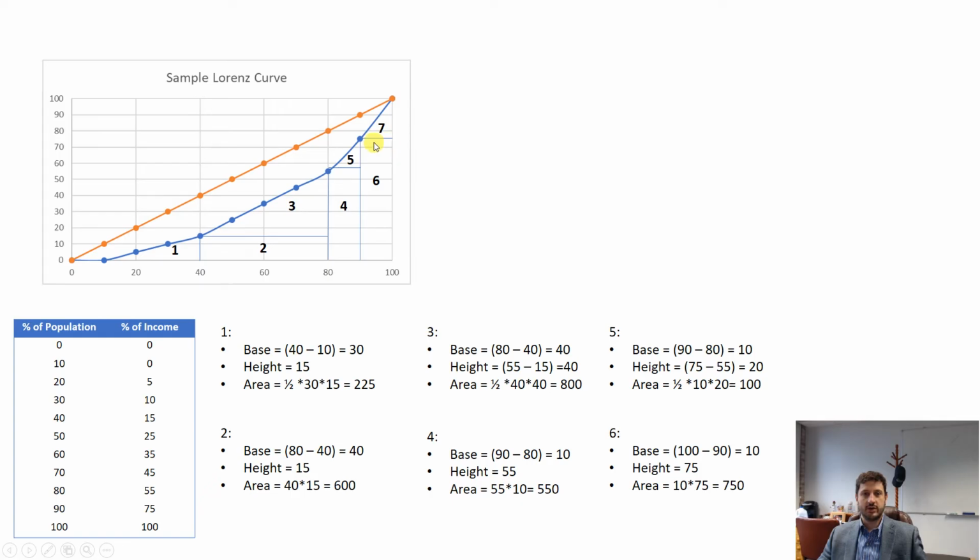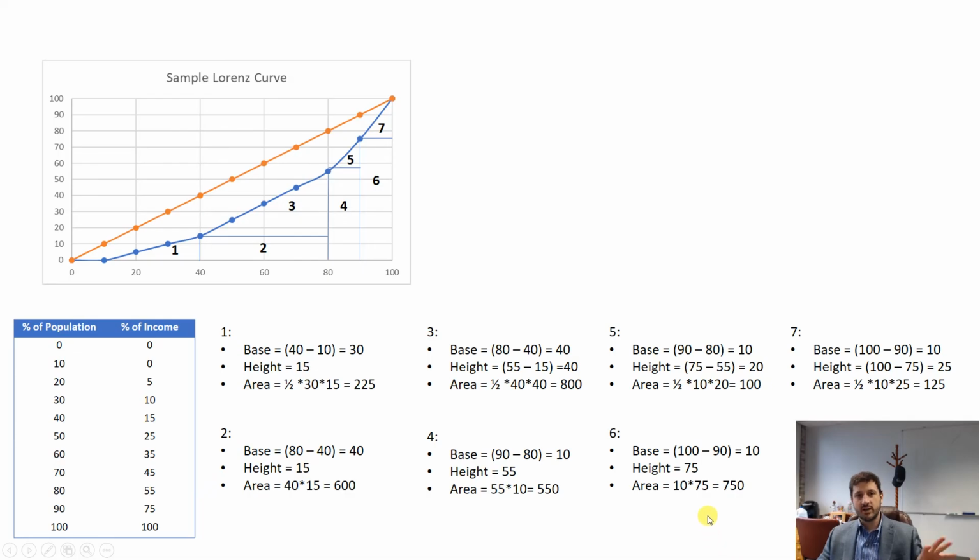It's 100 minus 90, which is 10, for the base. The height is 75. The area is 750. And then for 7, we have one last triangle. 100 minus 90 equals 10. The height is 100 minus 75, or 25. And the area is 1/2 times 10 times 25, or 125.